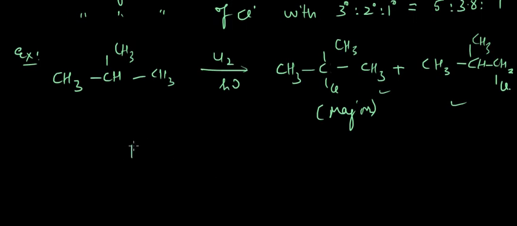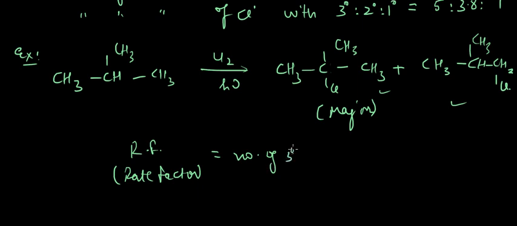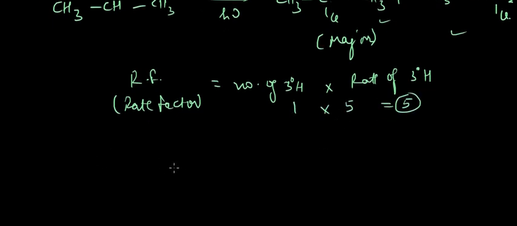So we define a term called RF, which is a rate factor, which is nothing but the number of 3 degree hydrogen atoms into the rate of 3 degree hydrogen atom. The rate is predefined, which is 5, and that gives the RF factor for 3 degree.